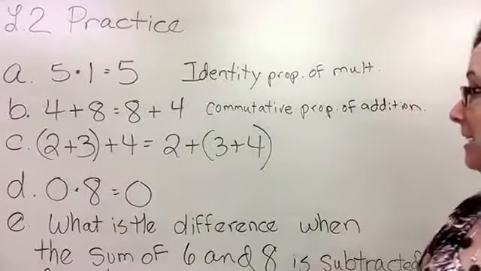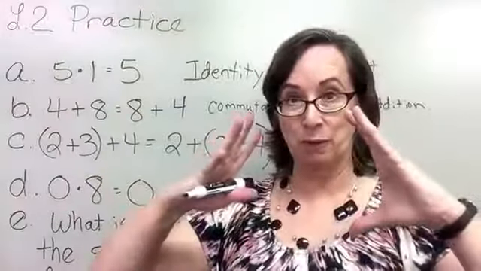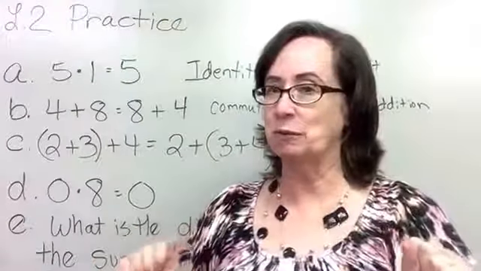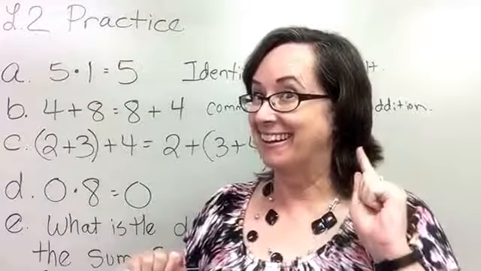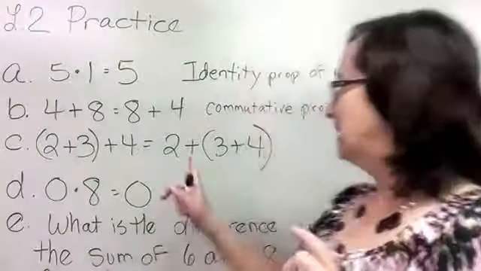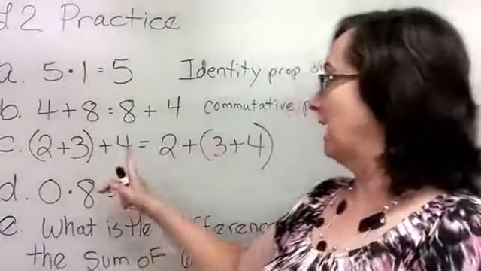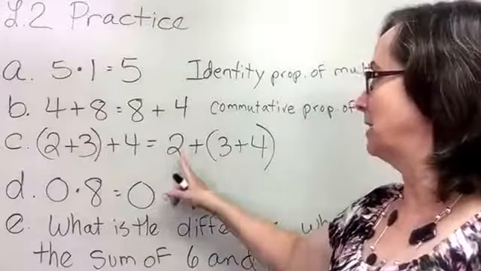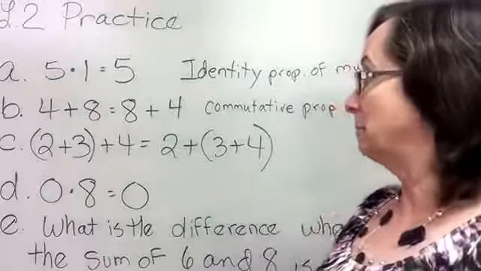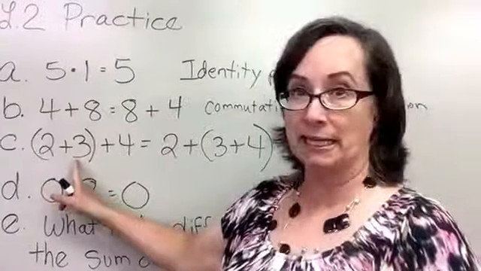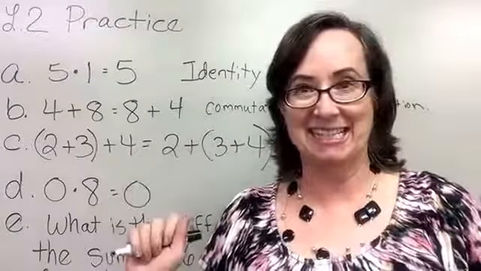Okay, and this one has got some parentheses, which means we're grouping things together. And which one was the grouping property? Associative, right? Okay, so this is saying that 2 plus 3 grouped together and done first, and then adding 4 is the same as 2 plus 3 plus 4 being added first. Okay, so it doesn't matter whether 2 and 3 are buddies or whether 3 and 4 are buddies, the answer is the same.